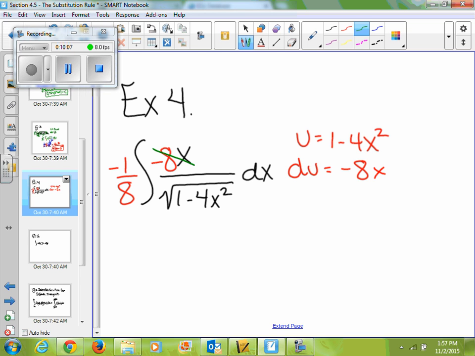So then I can replace -8x with du, cancel out my dx, and replace 1 minus 4x squared with u. So I end up with the integral of 1 over the square root of u du.